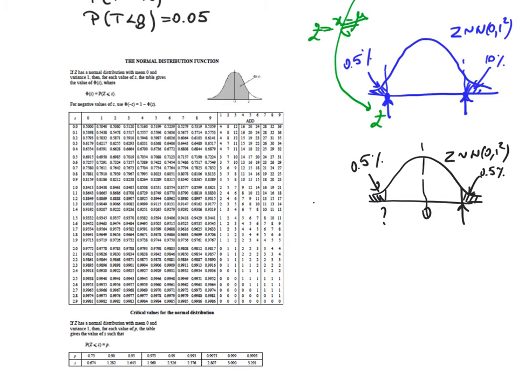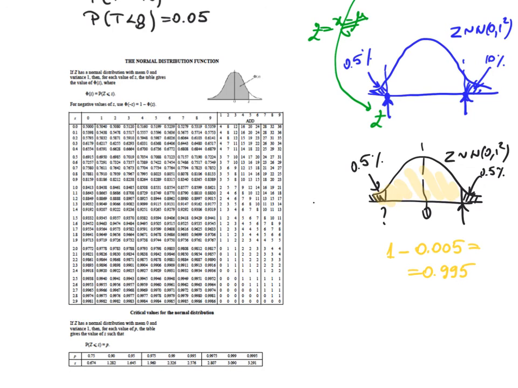So to find that point, as I did before, I will look at this whole area, and this whole area will be 100% minus 0.5%. So let's take 1 minus 0.005. So it's 0.995.